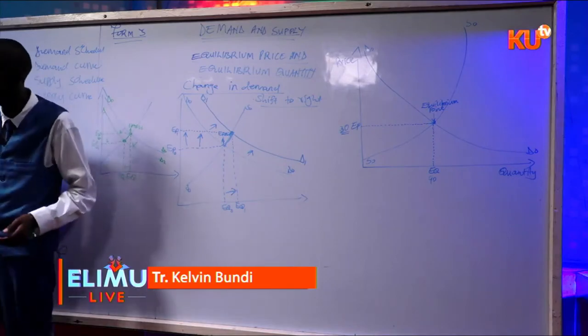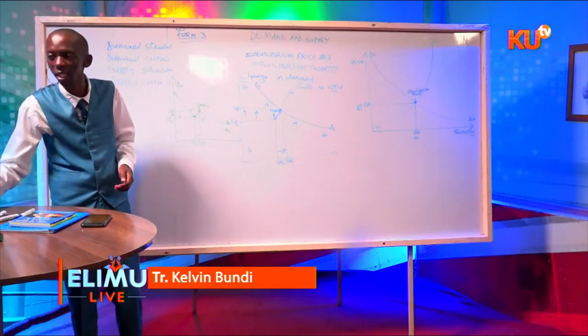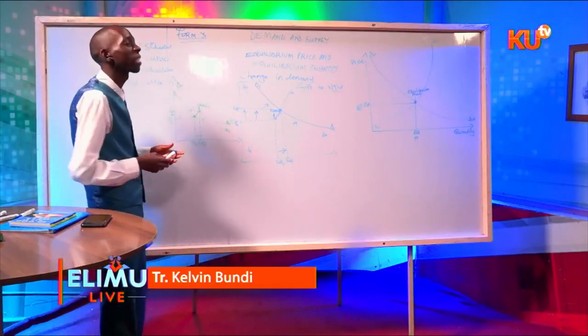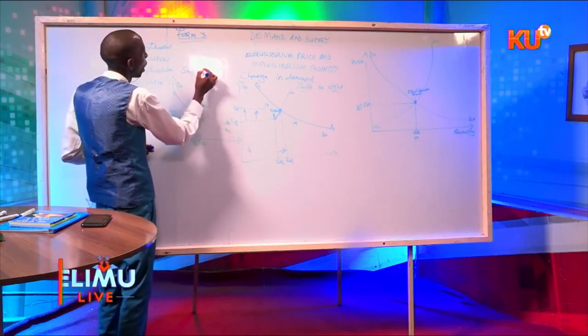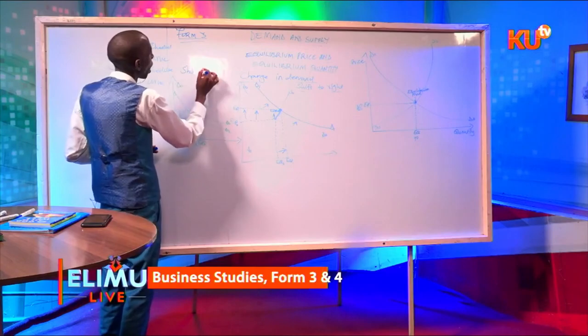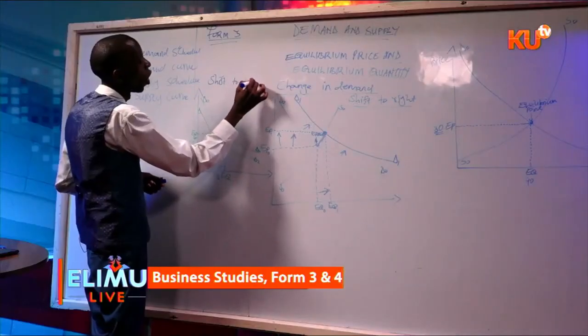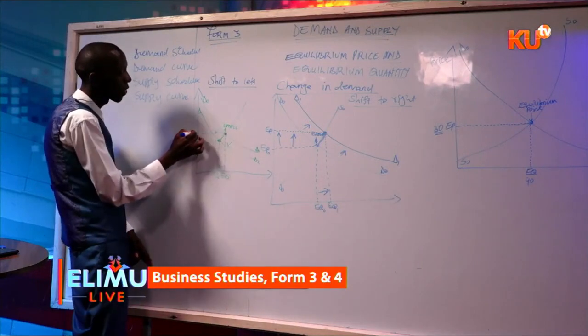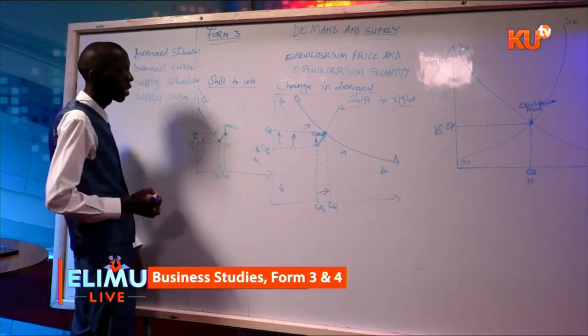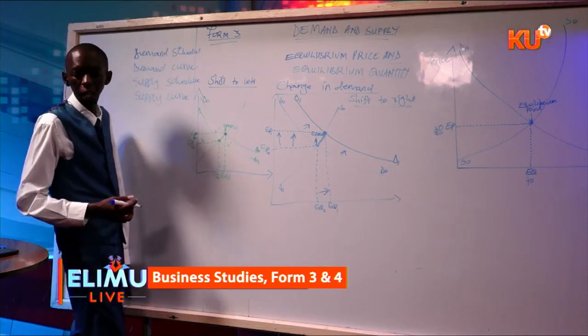So, my dear student, in case you are asked the effect of a shift in the demand curve to the left on the equilibrium point, equilibrium price, and equilibrium quantity, this is what you'll explain.